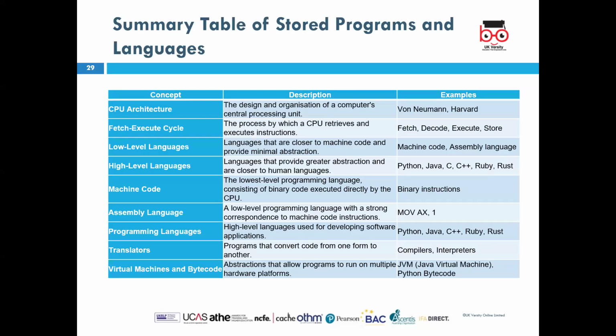In our central processing unit, the CPU, we're going to have the architecture, then the fetch-execute cycle, low-level language and high-level language, machine code, assembly language, programming languages, translator, virtual machine, and bytecode.